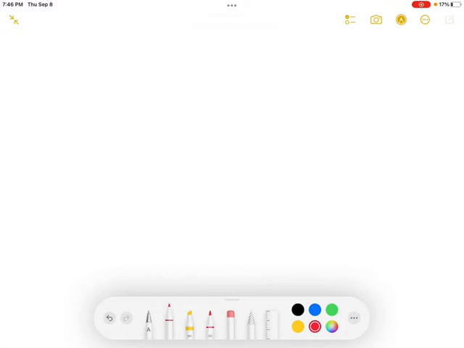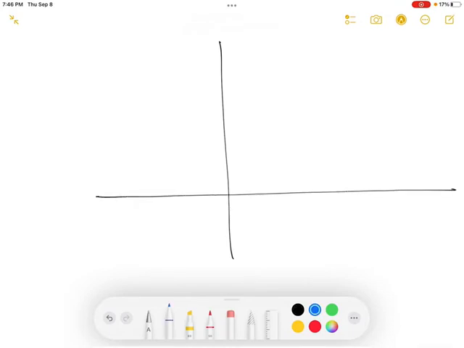Okay, let's go ahead and do one more question. This time I'm going to draw my grid out a little bit more carefully. And let's make some numbers here. And I'm going to draw a function here. We're going to start here.